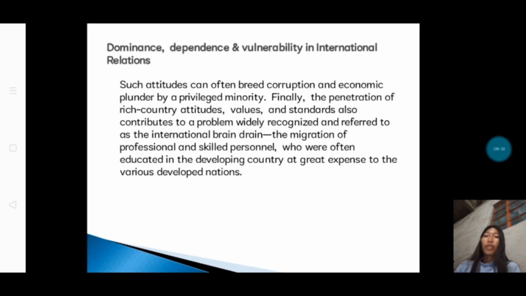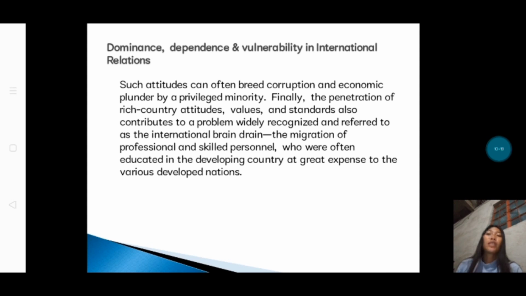Such attitudes can often breed corruption and economic plunder by a privileged minority. Finally, the penetration of rich country attitudes, values, and standards also contributes to a problem widely recognized and referred to as the international brain drain.